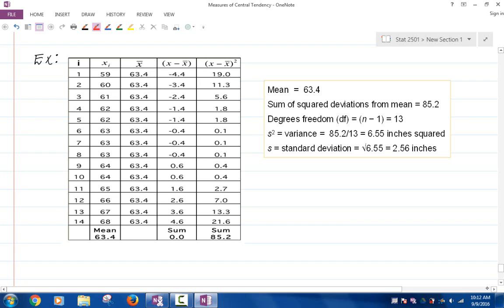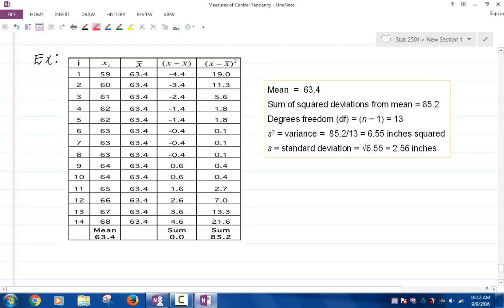Now in the third column, every entry is x bar. Now the fourth column, what I did is I calculated the deviation of each observation from the mean.